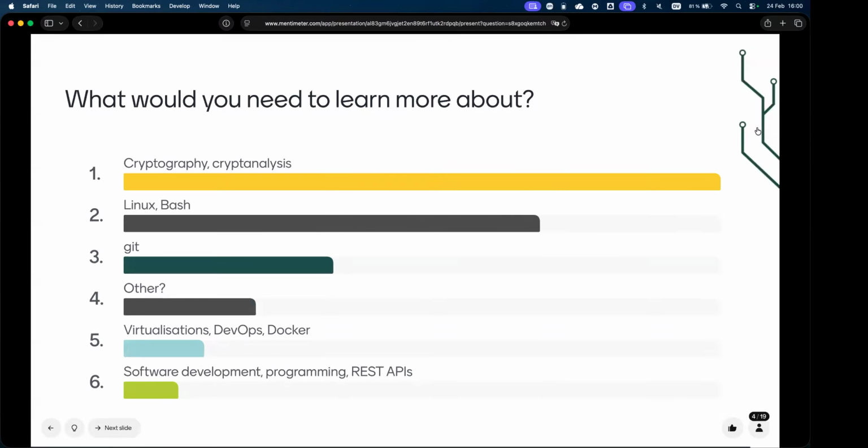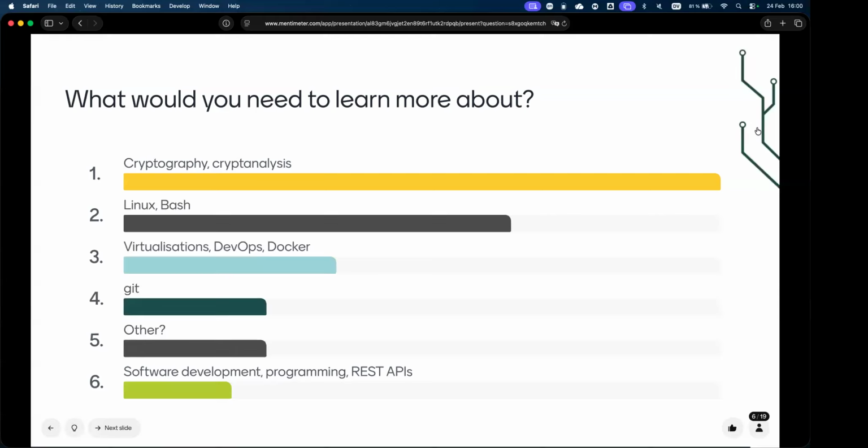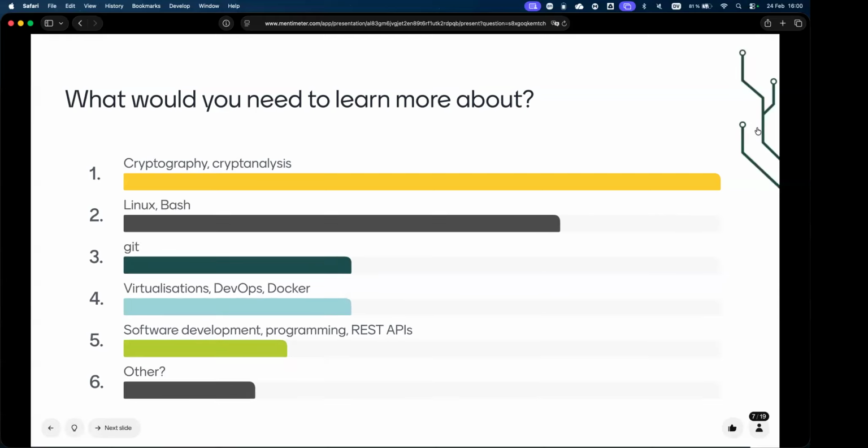From the other topics, we will do some command line. Yeah, so maybe Linux and Bash might be good to have a refresher. We don't have to do too much of this. As I said, this is very nice to have, but it's not super important. It would make some of our life easier. And then this one, it depends.